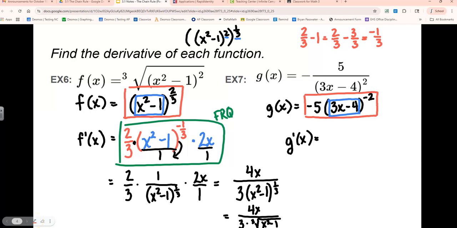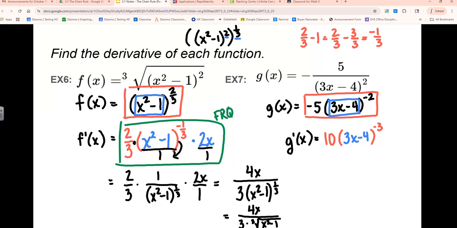Okay, so when we take the derivative of the outside part, that's the -5 stuff to the -2 power, right? It's power rule. So -2 times -5 will give us a +10 of some stuff on the inside to the -3 power. And that stuff on the inside, our 3x minus 4, stays the same. But we must multiply by the derivative of the stuff on the inside.